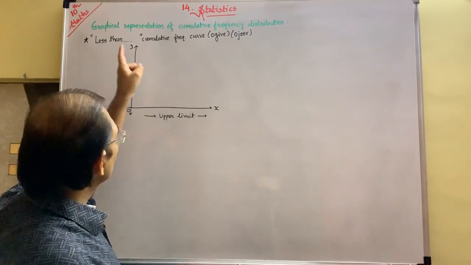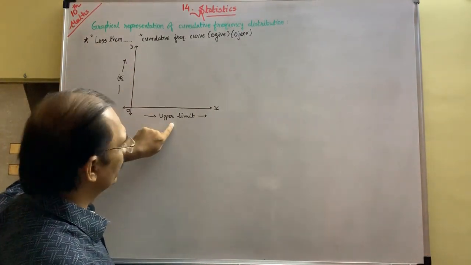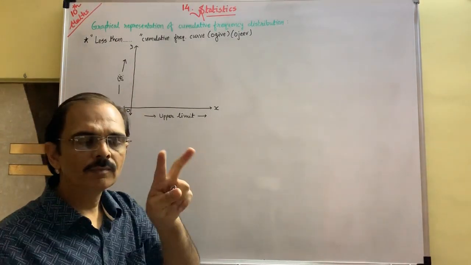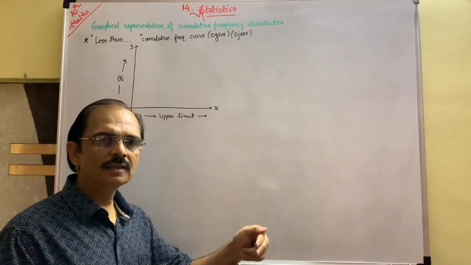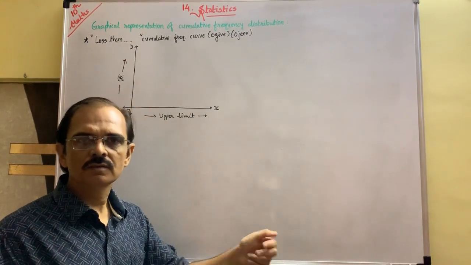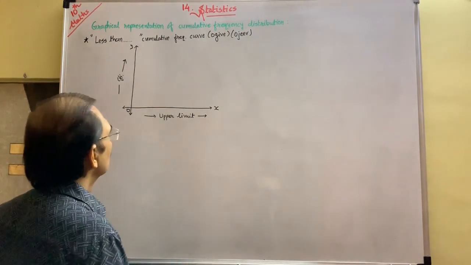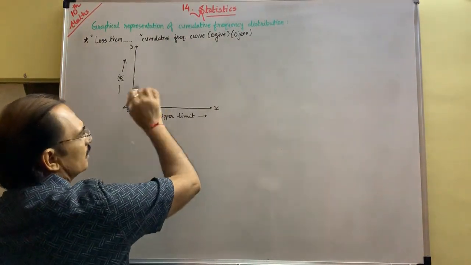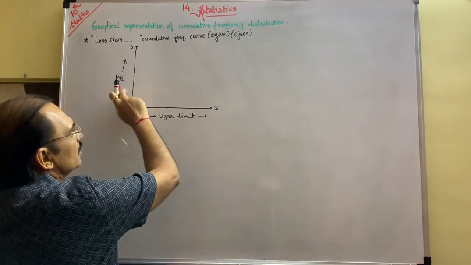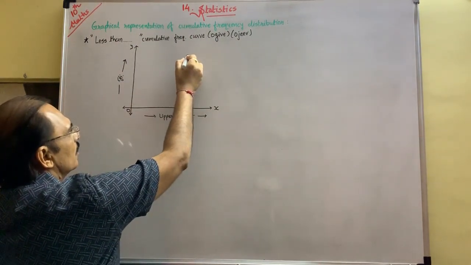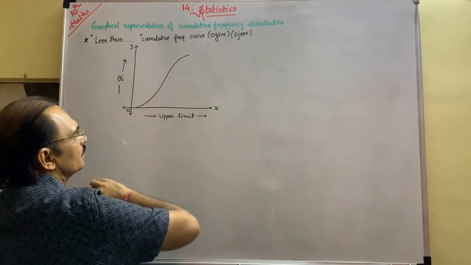If there is less than, use upper limit. Remember this opposite thing: less than something curve means upper limit on the x-axis. After you plot the upper limit and cumulative frequency, your graph will be just like this, an S curve.